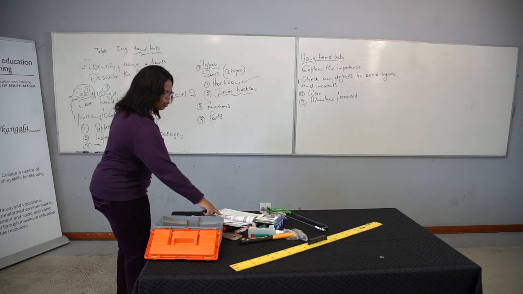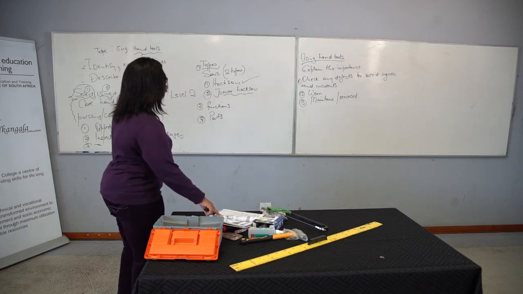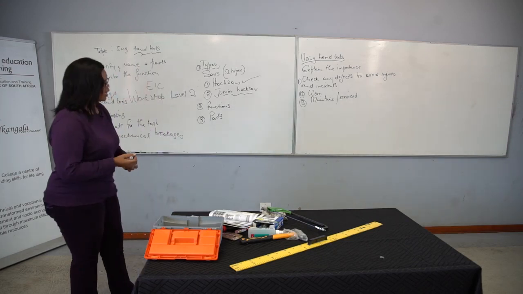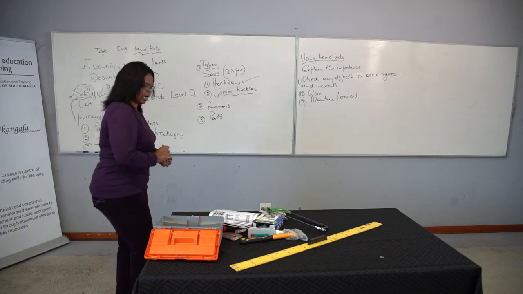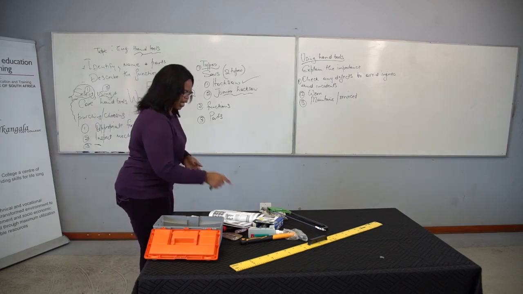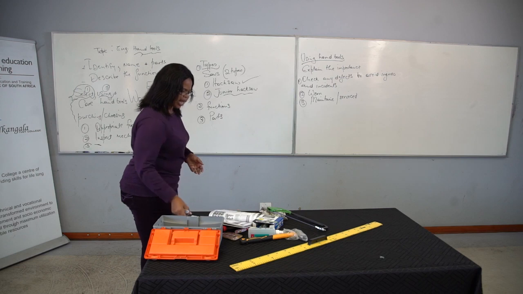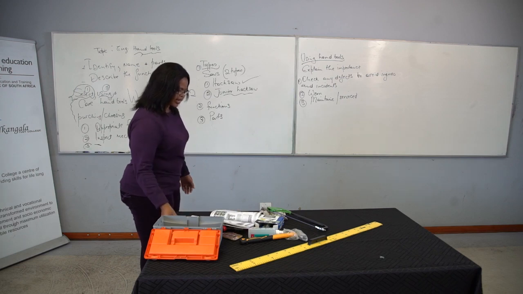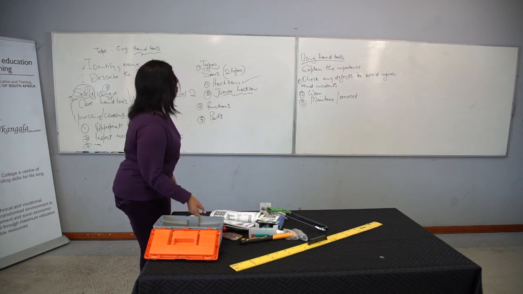Then, what are the consequences now when you use the incorrect hand tools? Because our learning outcome says, explain the importance of using hand tools safely and indicate the consequences.